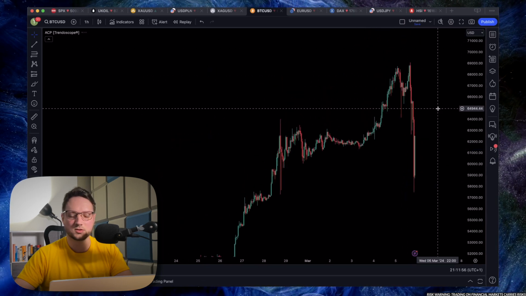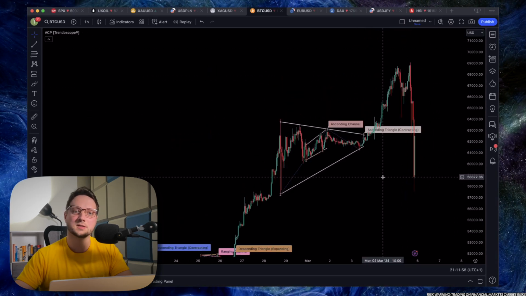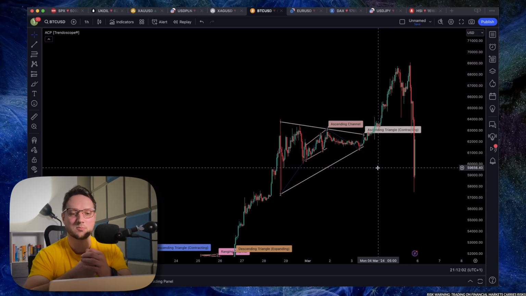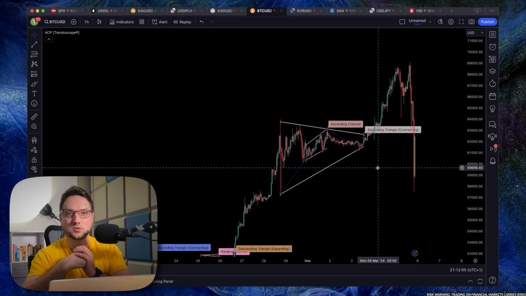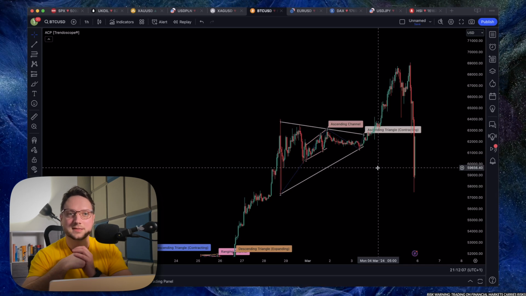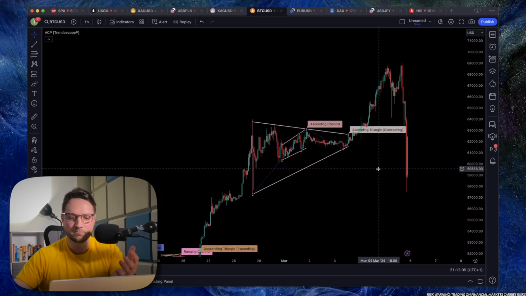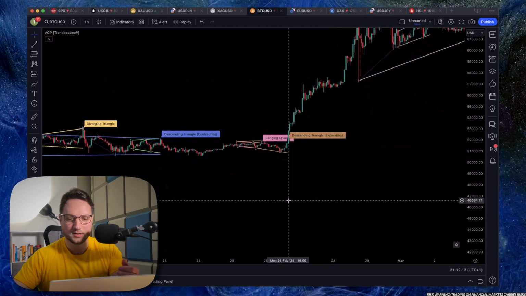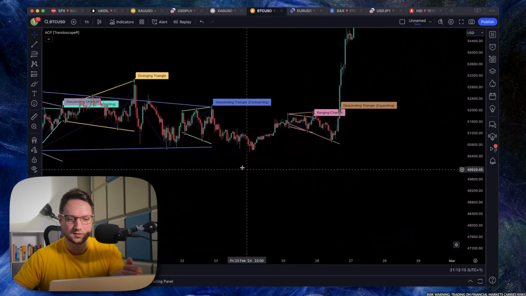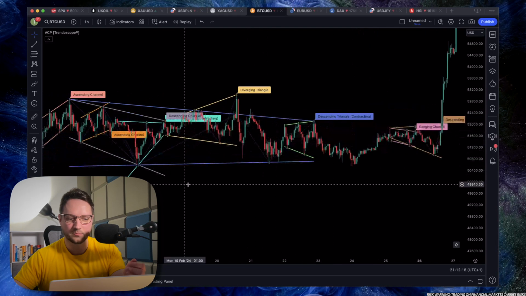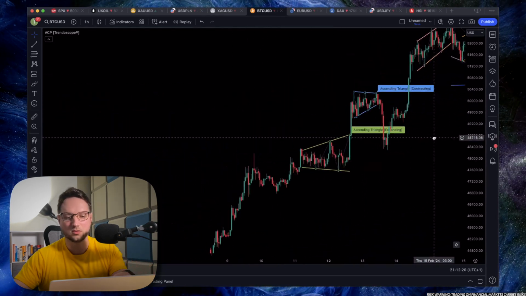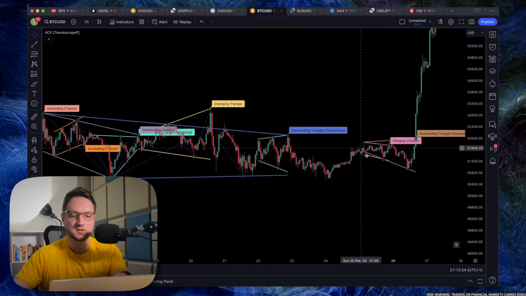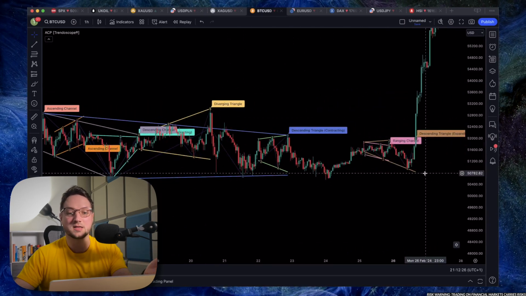You can see it is loading to the chart, and basically what it does, it marks for us the moments when the chart is drawing chart patterns. So stuff like, as you can see, ascending channel, ascending triangle, so on and so forth, wedges, descending triangle, you name it. All of them are implemented into the indicator, and you can see that it is basically automatically added to the chart.